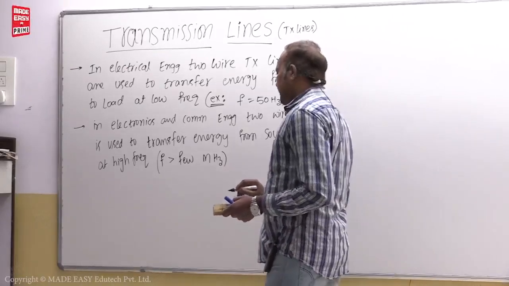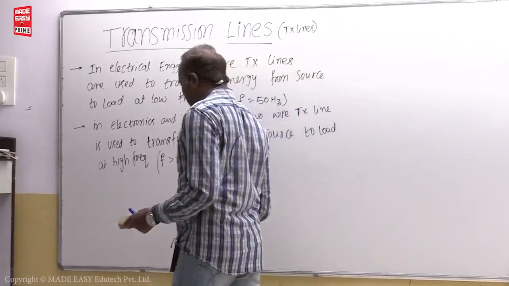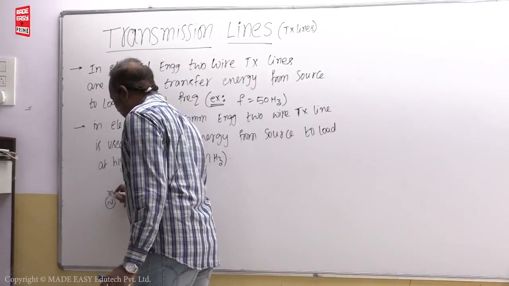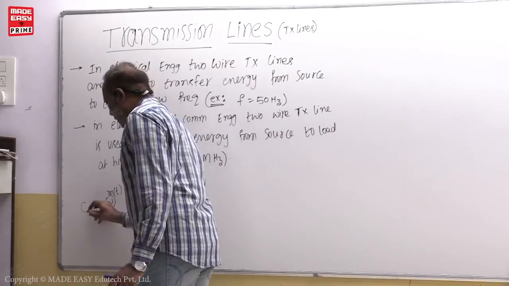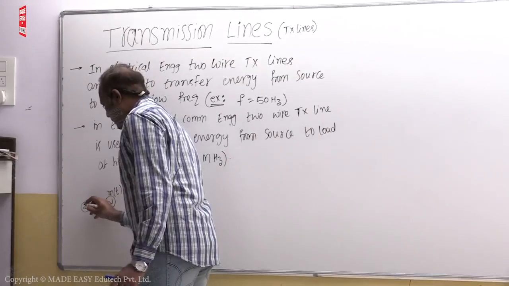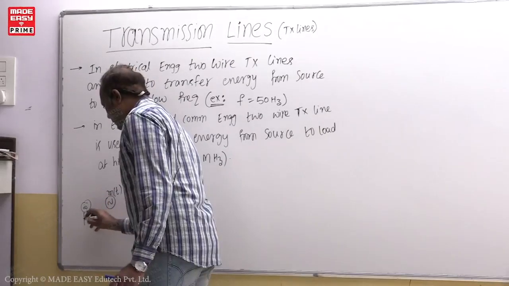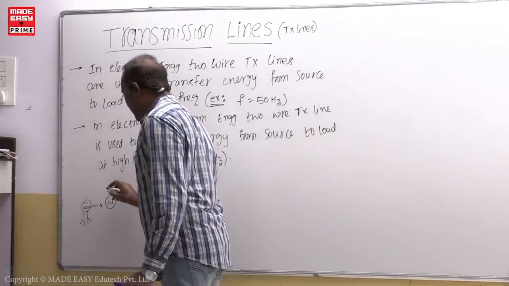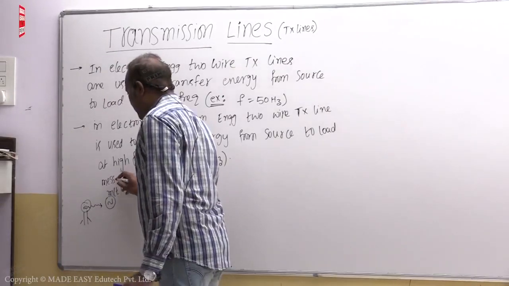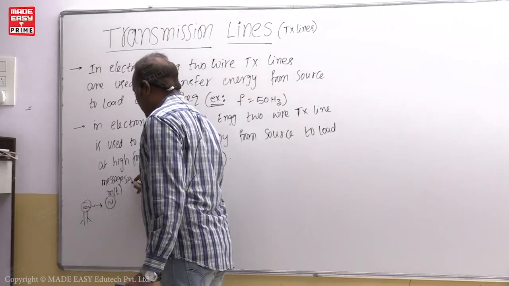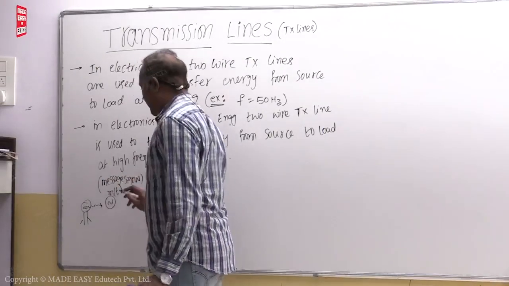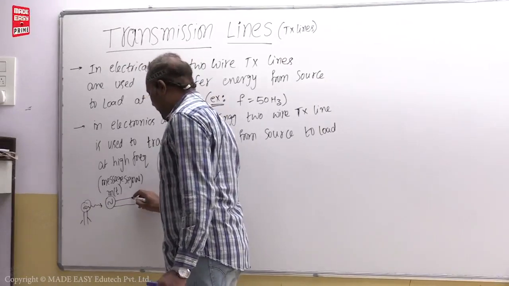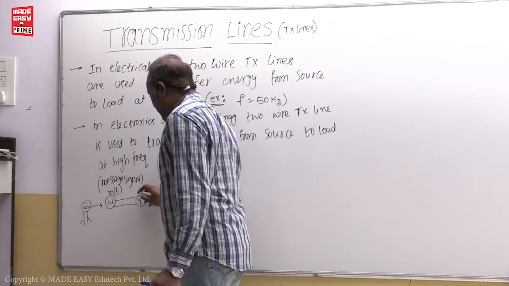Now, if you see this diagram, here a message signal is there. For example, one person is talking, then the message signal comes here. Now this message signal is given through the conductors to the modulator.